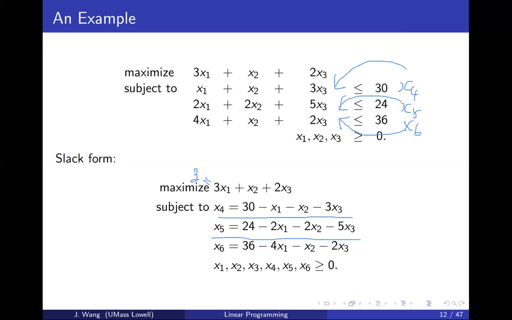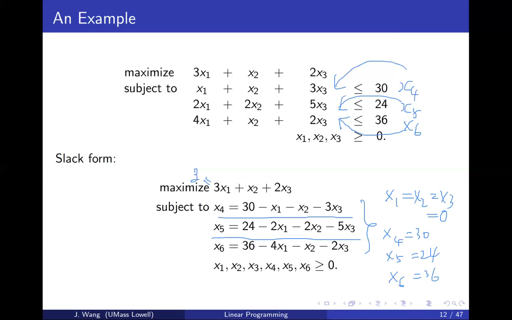Then the pivot procedure is to first let all the non-basic variables be 0. So if you let x1, x2, x3 be 0, then you get x4 equal to 30, x5 equal to 24, x6 equal to 36.